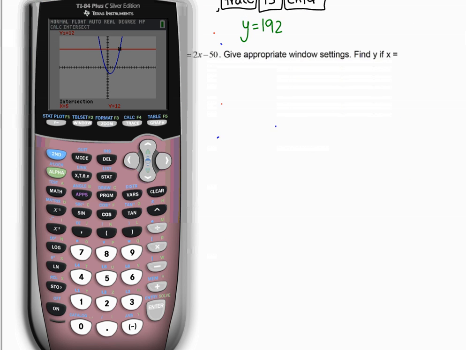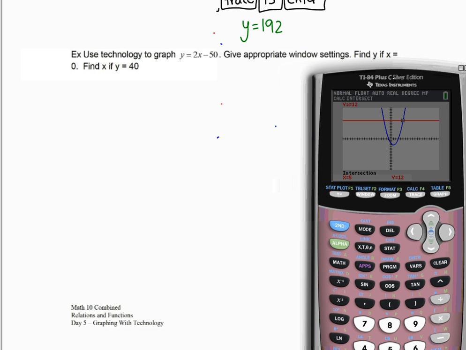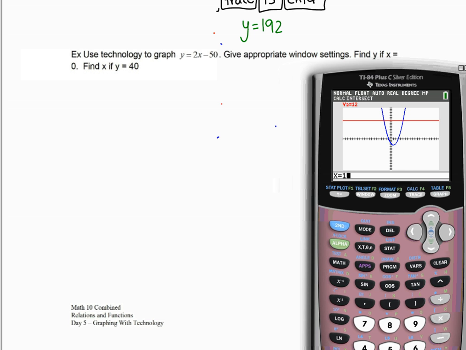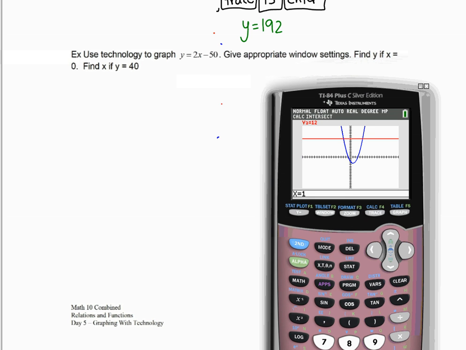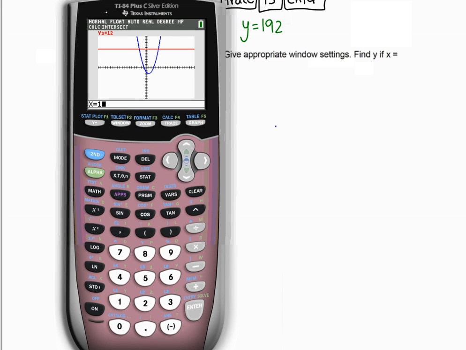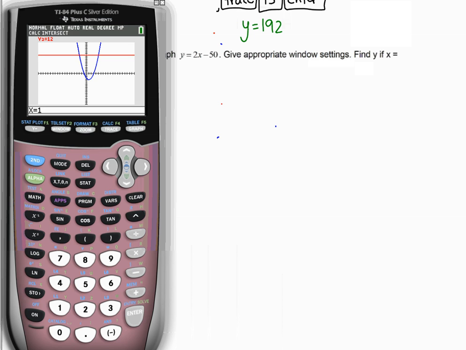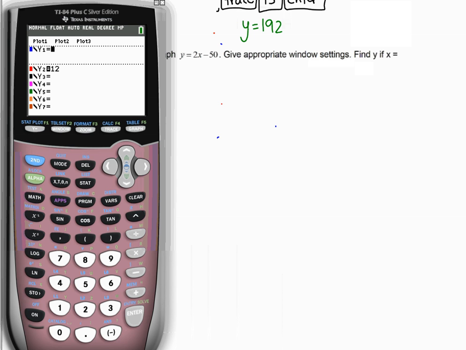So this last question said, use technology to graph y equals 2x minus 50. Give appropriate window settings, find y if x is 0, and then find x if y is 40. So if you have y equals in here, you have to clear what's there. 2x minus 50. Oops, I put in y2. Doesn't matter though.